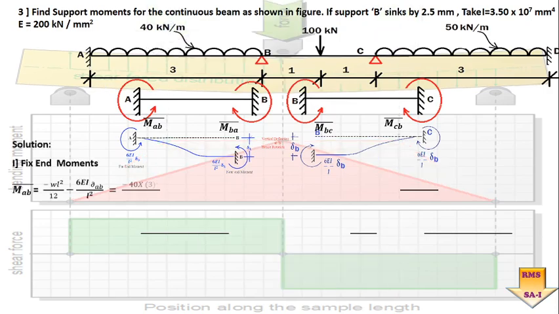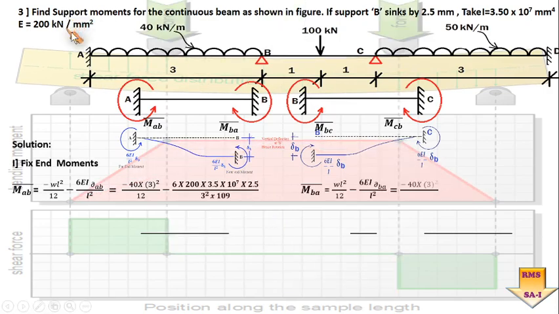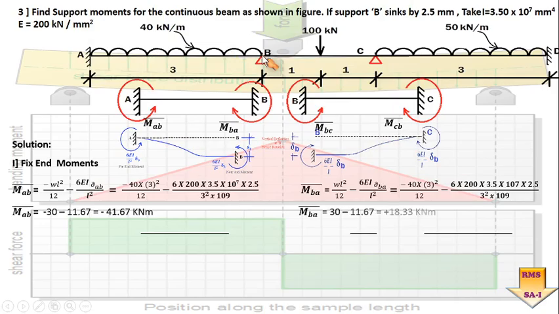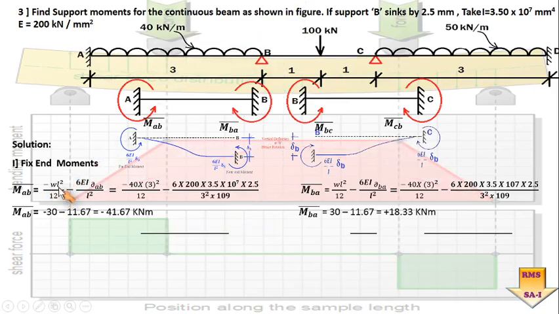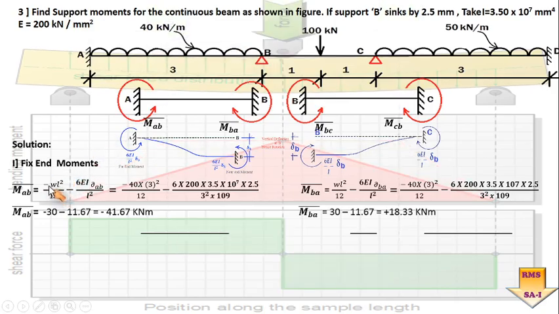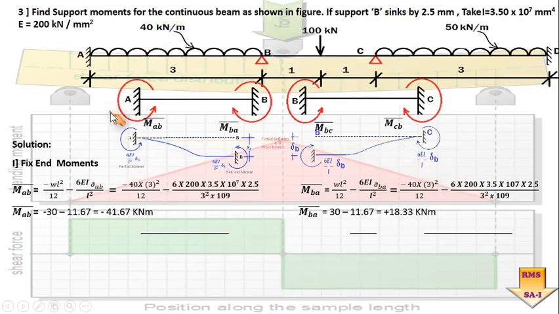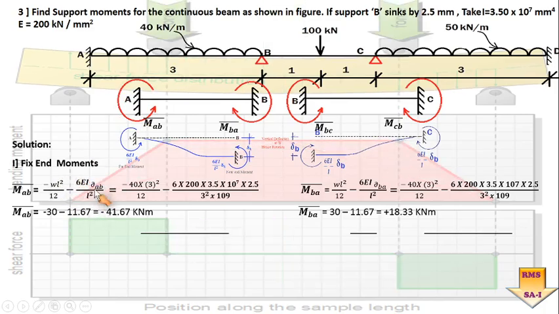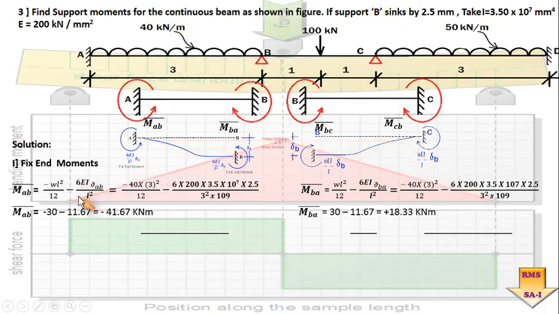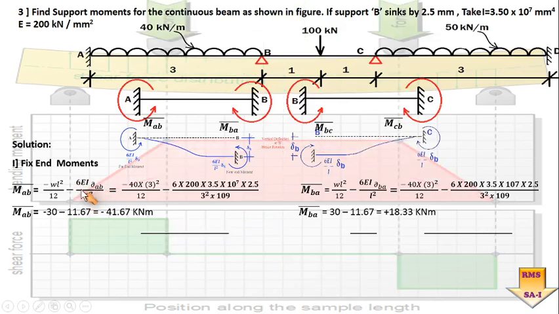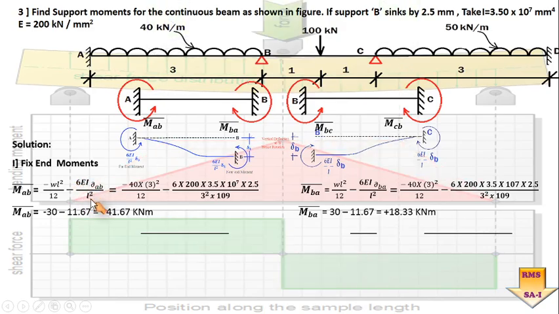Here, for the fixed end moment about point A, the span AB is loaded with a UDL throughout, so it becomes a standard case whose fixed end moment is equal to minus WL square by 12. Why minus? Because it is anti-clockwise. Another effect is also added, that is the sinking effect, and this is again minus 6EI delta by L square. Why minus?